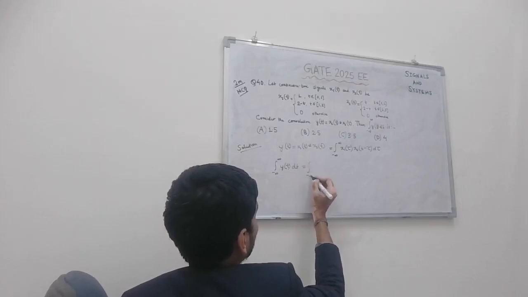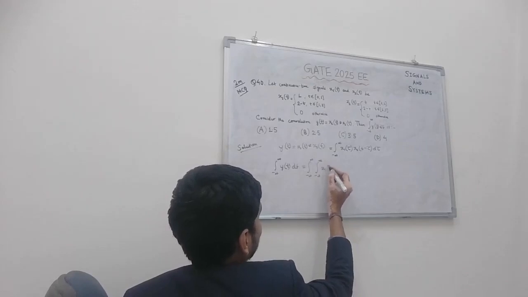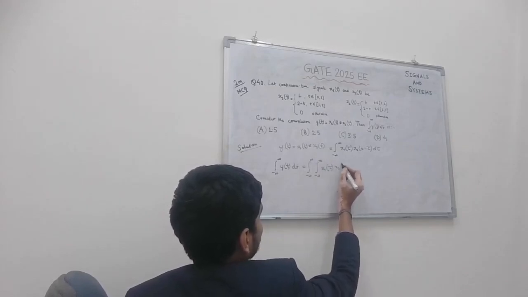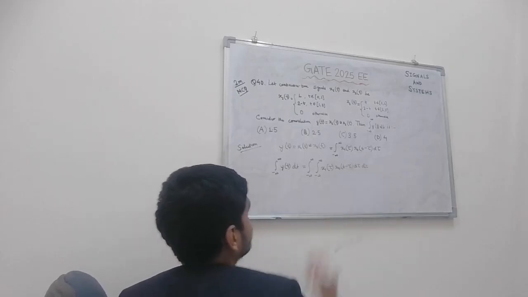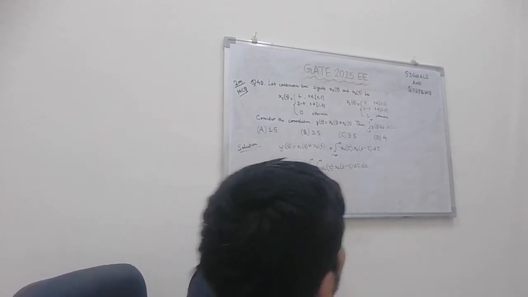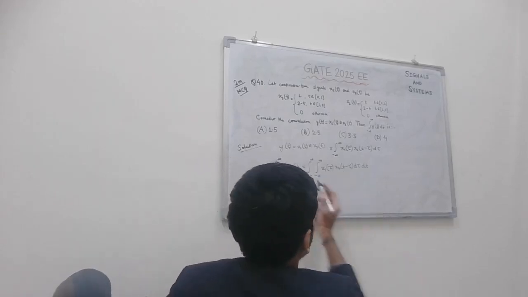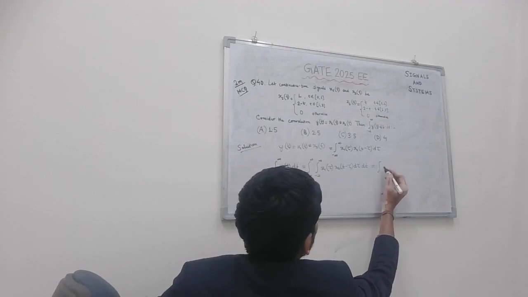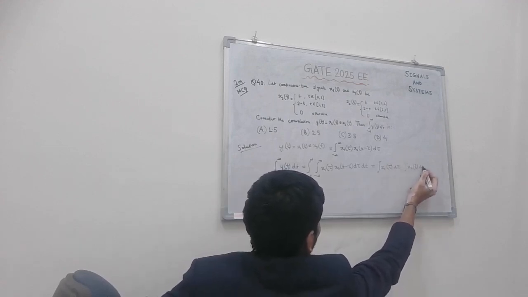That is a double integral of x1(τ) x2(t minus τ) dτ and then dt. If you look at this carefully, this simplifies to the product of the integrals of x1(τ) dτ and x2(t) dt.